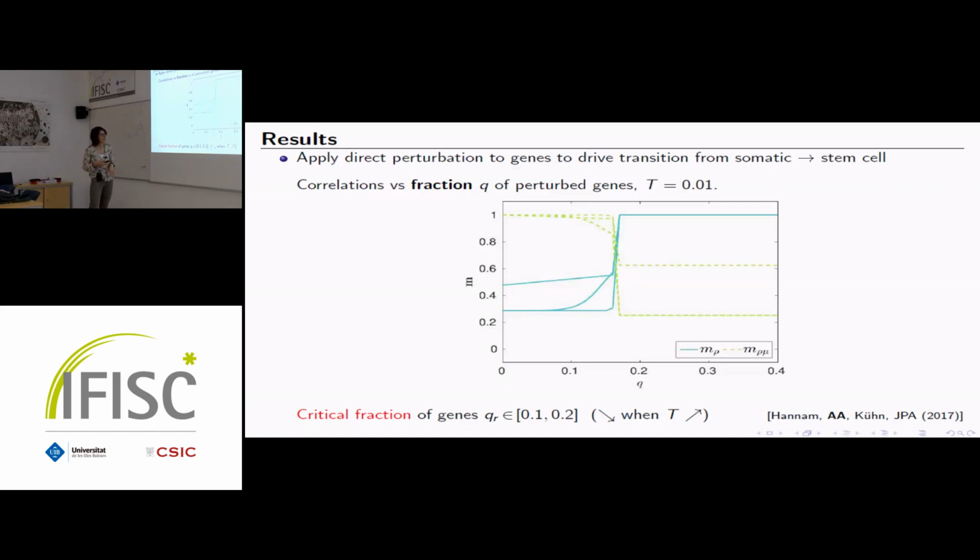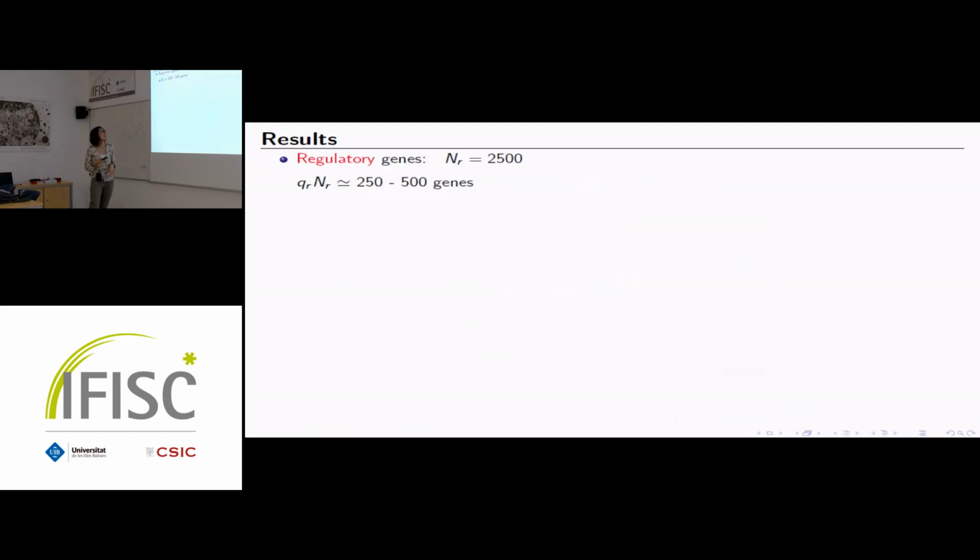So how many genes would we need to perturb? Well, if we include in this model just regulatory genes, those genes that regulate other genes, there are about 2,500. So that fraction corresponds to perturbing 250 to 500 genes.